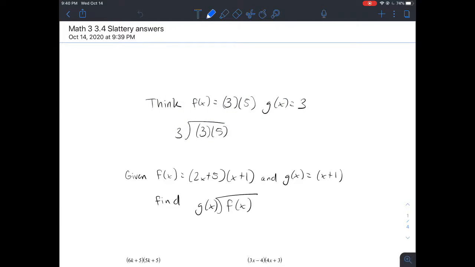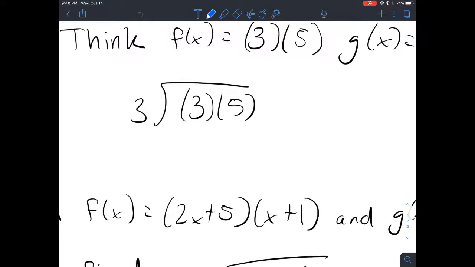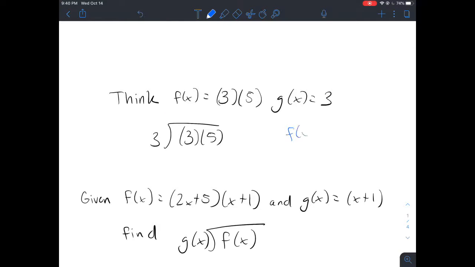So for the first one here, we're going to take a look at division problems and kind of what division means, right? So here we have that f of x equals 3 times 5 and g of x equals 3. So if we do f of x divided by g of x, we get 3 times 5 divided by 3.